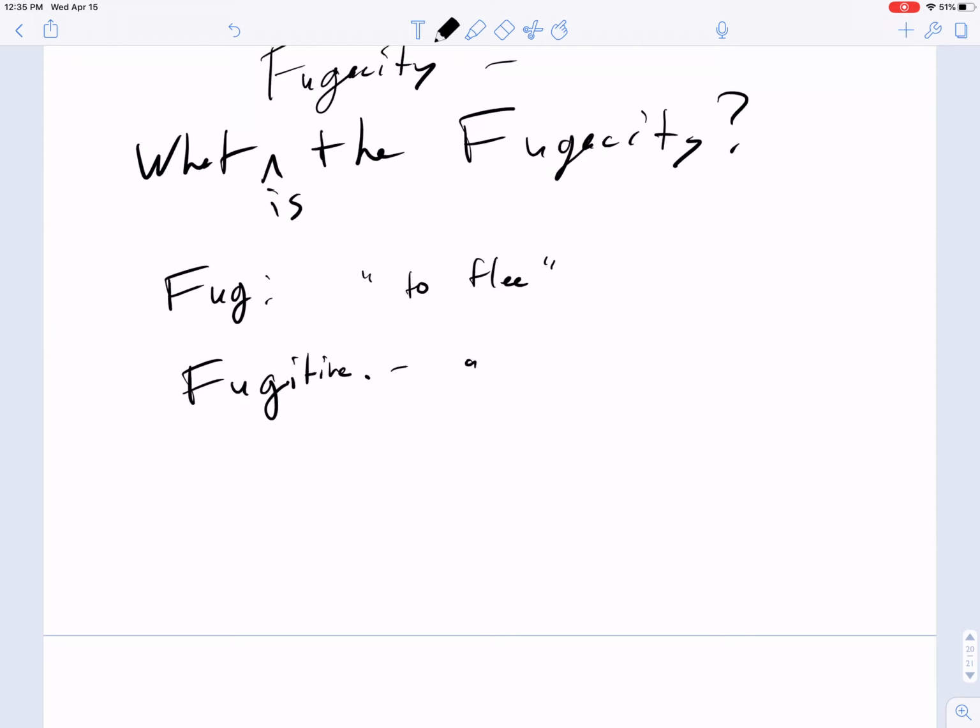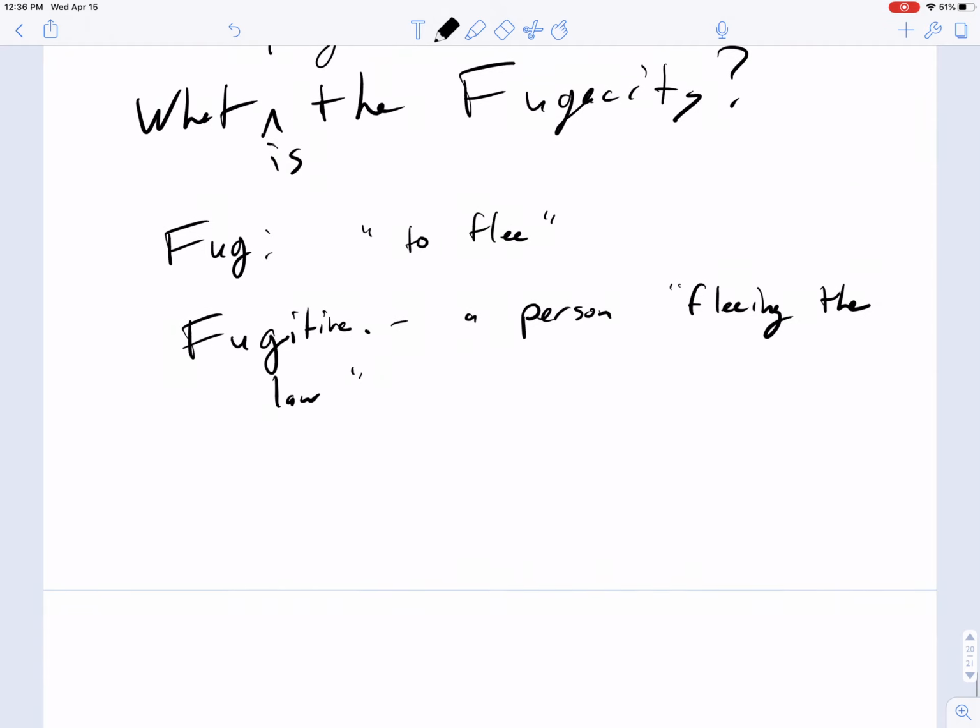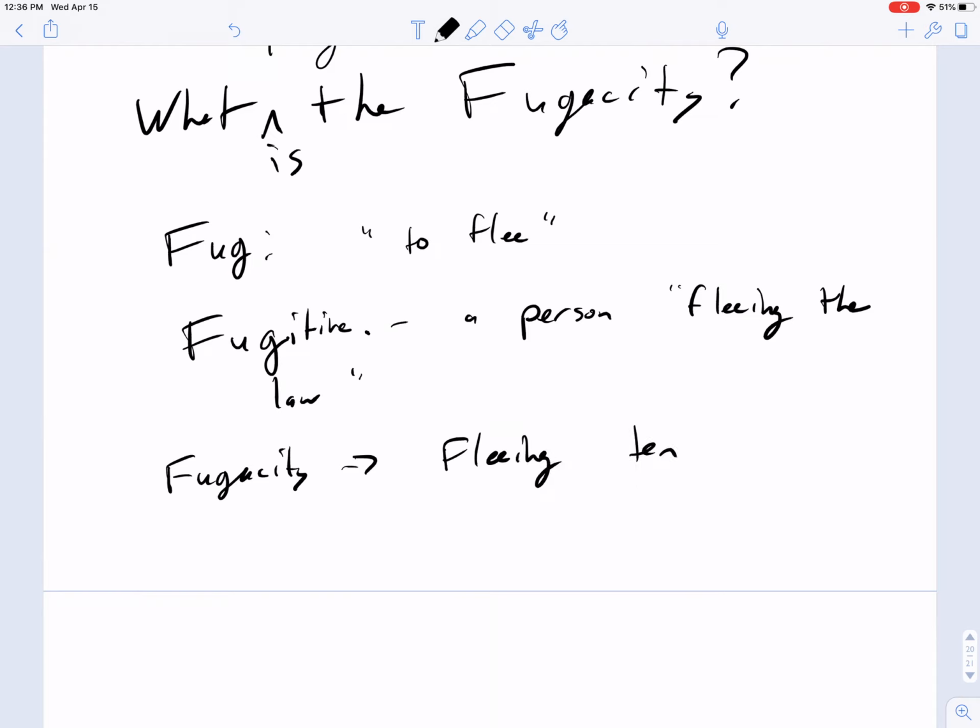Fugitive is a person that is fleeing the law. So fugacity in thermodynamics, it's the fleeing tendency of a particle. And we're going to spend some time going over how to calculate it.